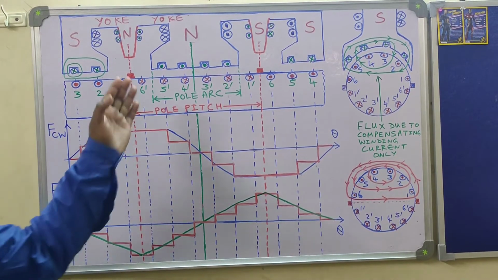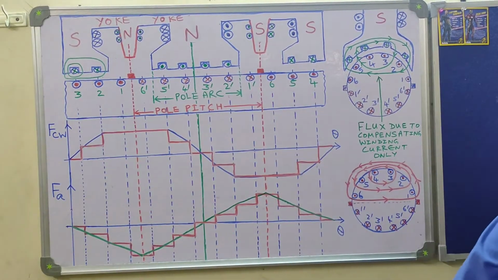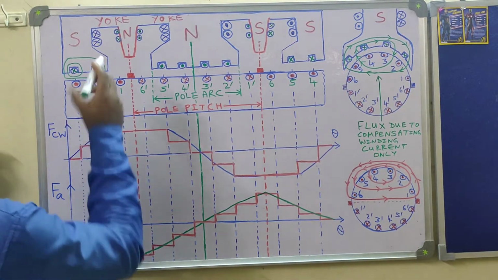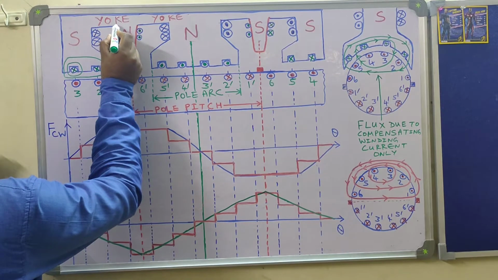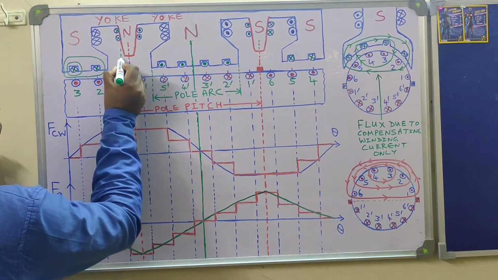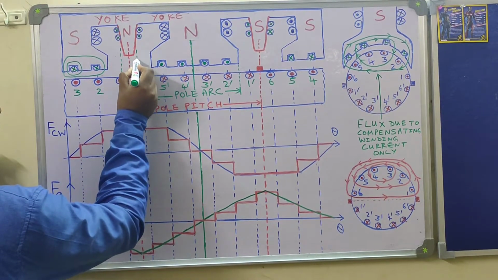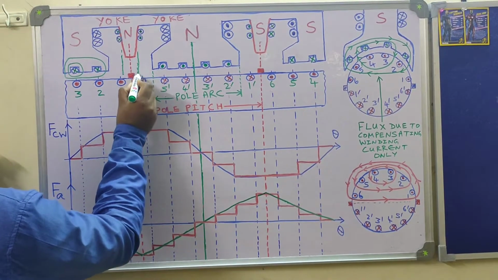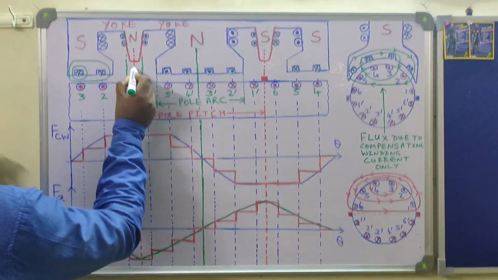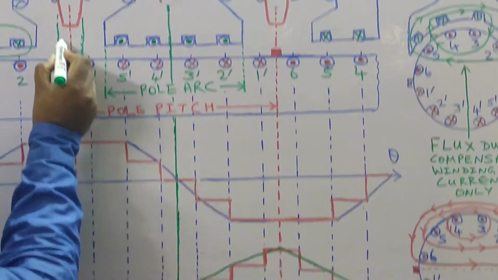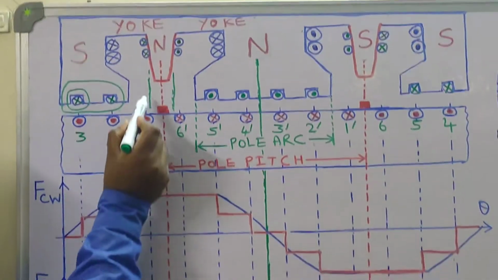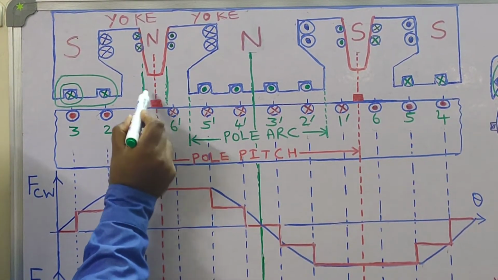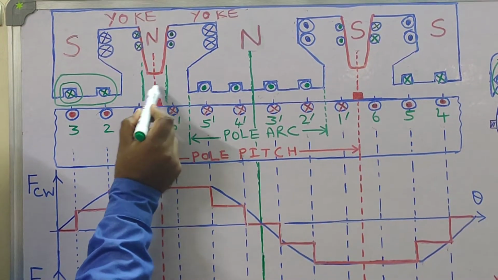As for example, in this particular diagram, the commutation zone can be called to be this one. I am showing it by a green dotted line. This particular zone, from this point to this point, can be called the commutation zone.